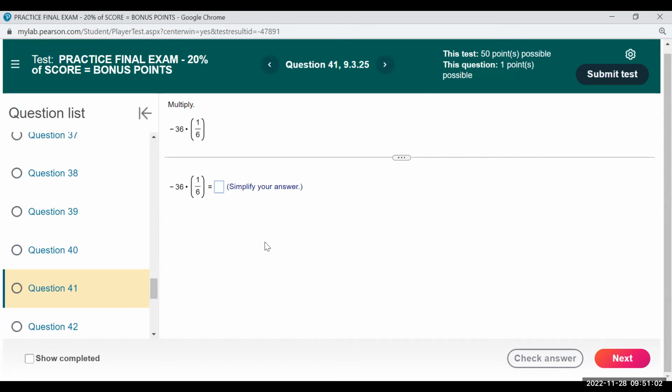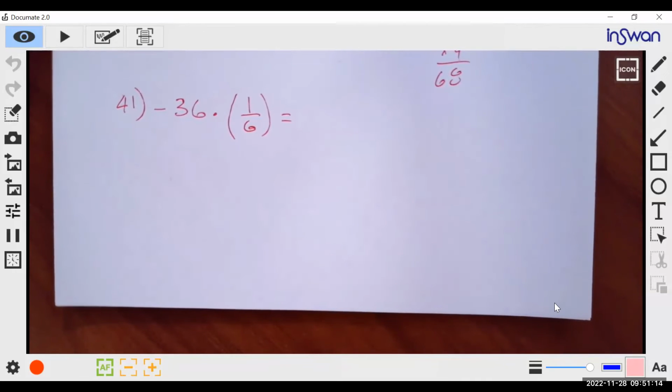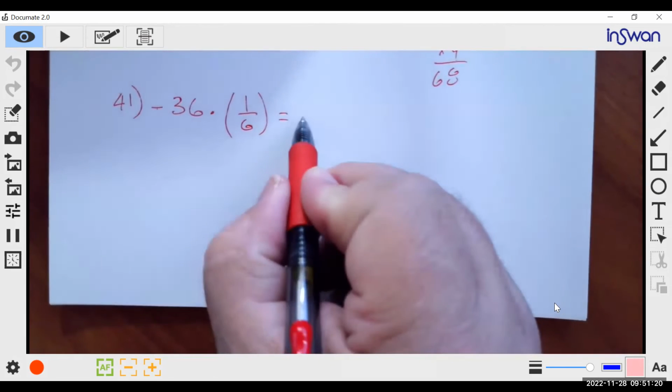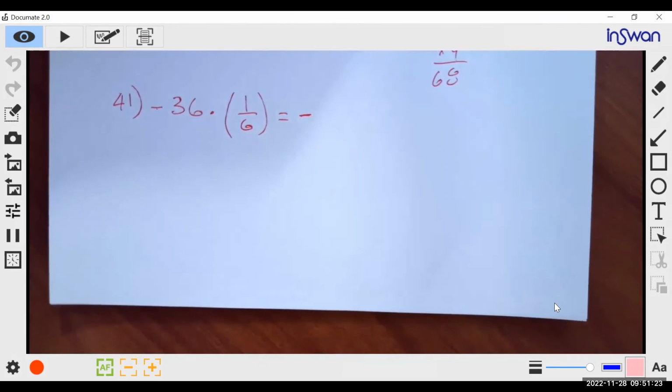Negative 36 times 1 over 6. Is the answer going to be positive or negative? You're multiplying. Negative times positive is a negative. So we don't have to worry about the signs anymore.